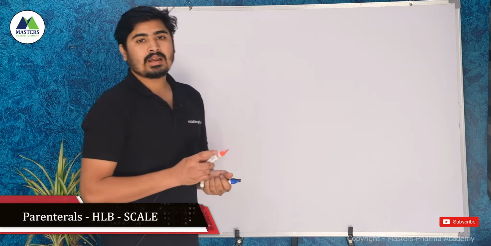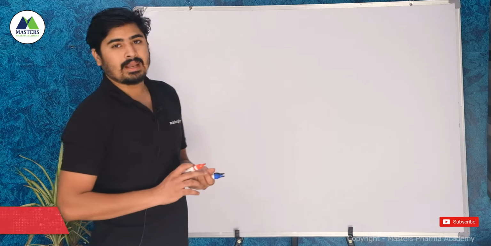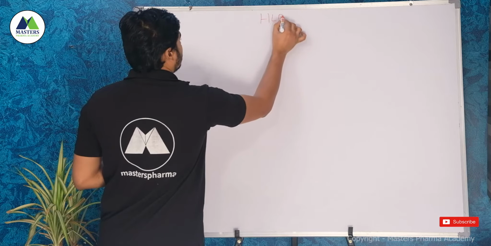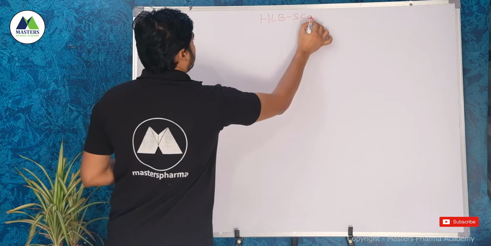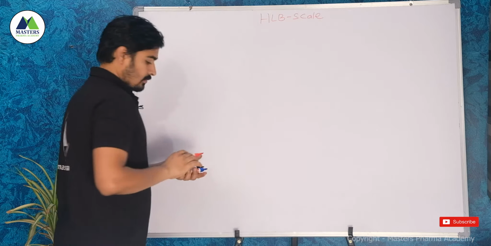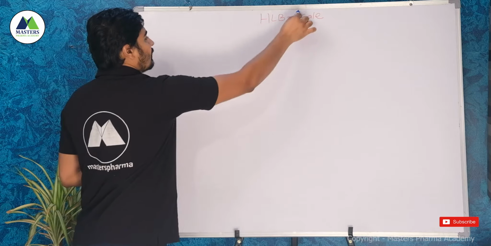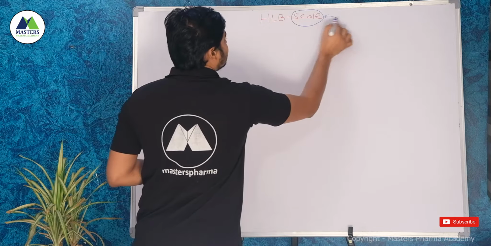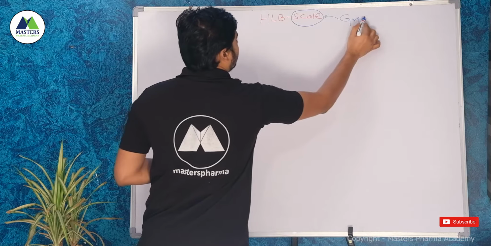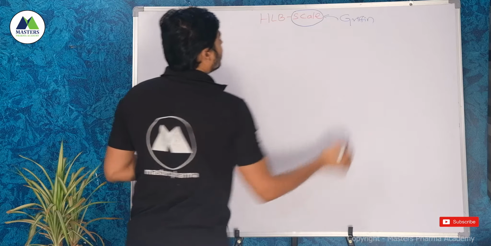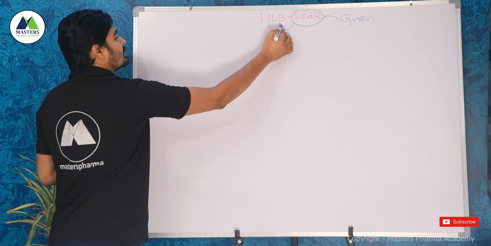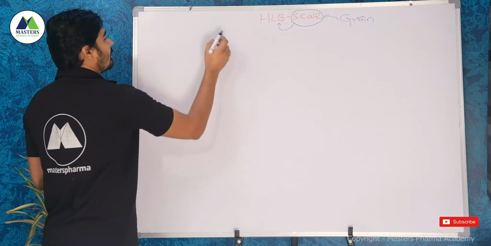So now we will discuss the HLB scale. This scale was given by the scientist Griffin. So what is HLB?